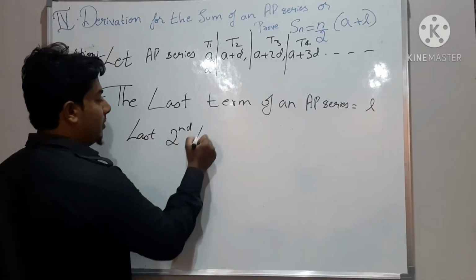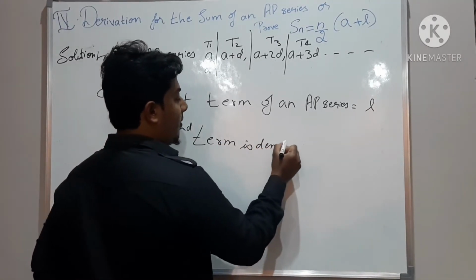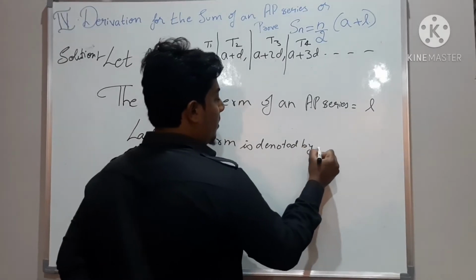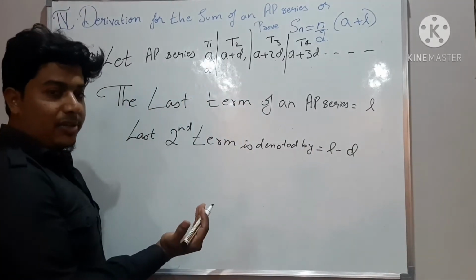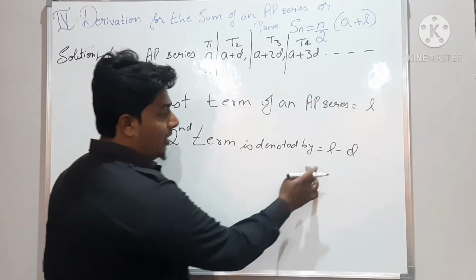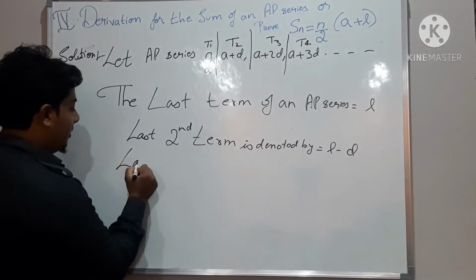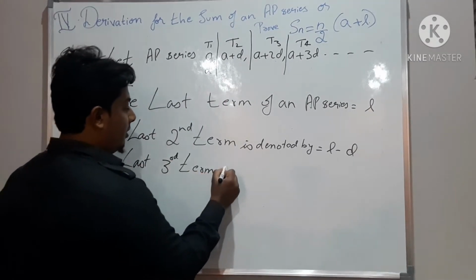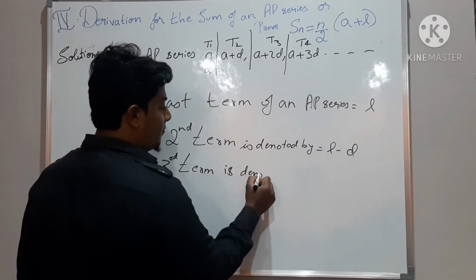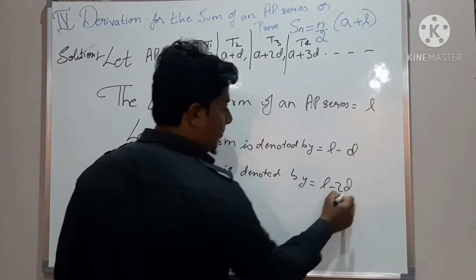The second last term is denoted by l minus d. l minus d plus d gives the last term l. The third last term is denoted by l minus 2d.